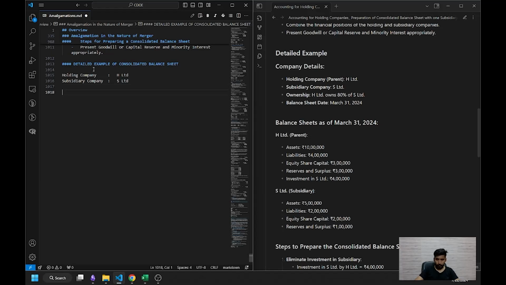Now, it is given that H Limited holds or owns 80% of S Limited.